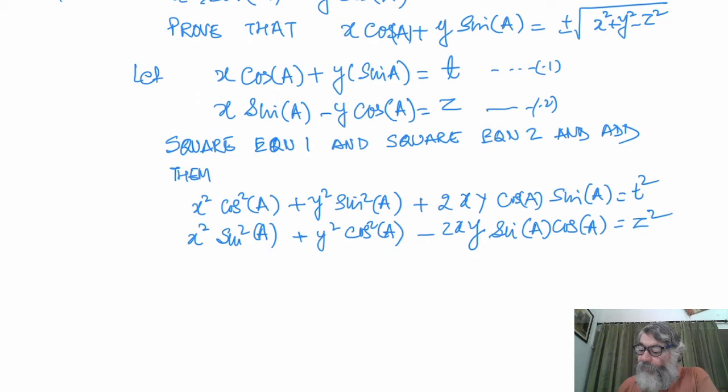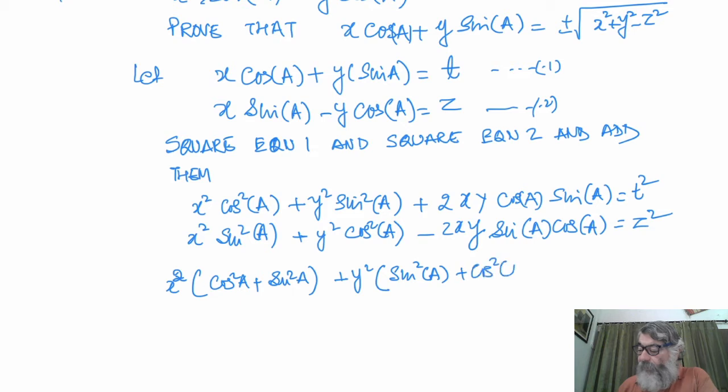When I add them, I'll get x square into cos square A plus sin square A, plus y square into sin square A plus cos square A, and these two terms will cancel, equal to t square plus z square.